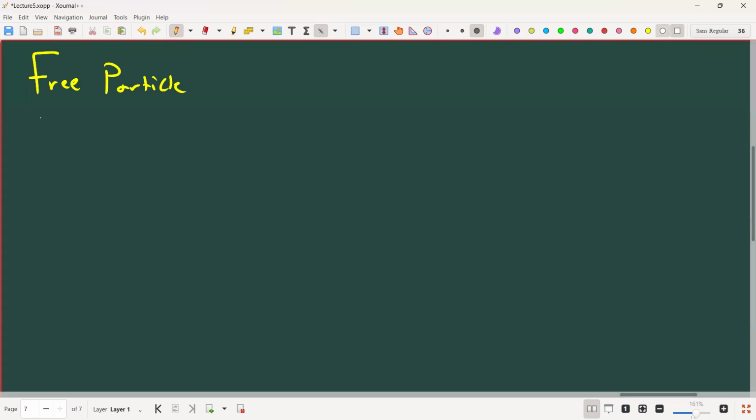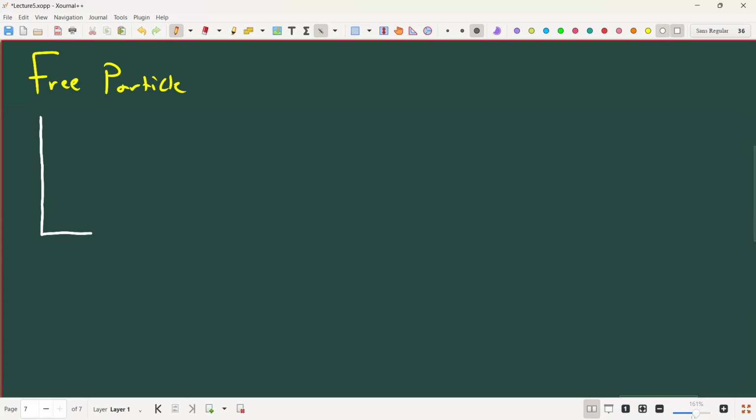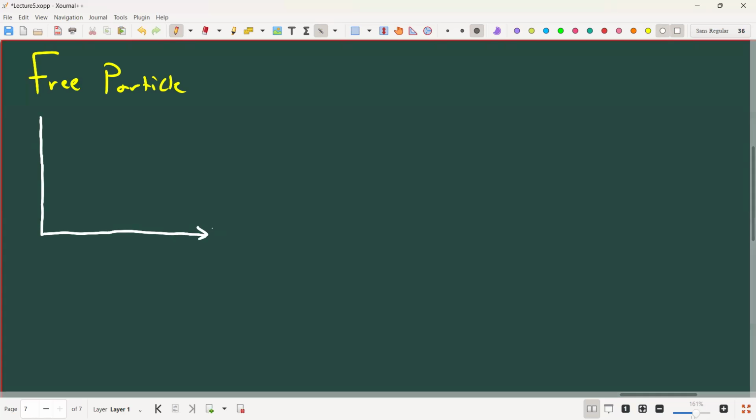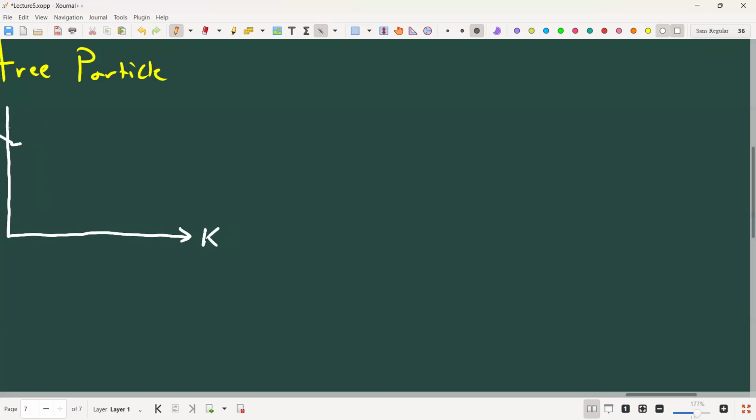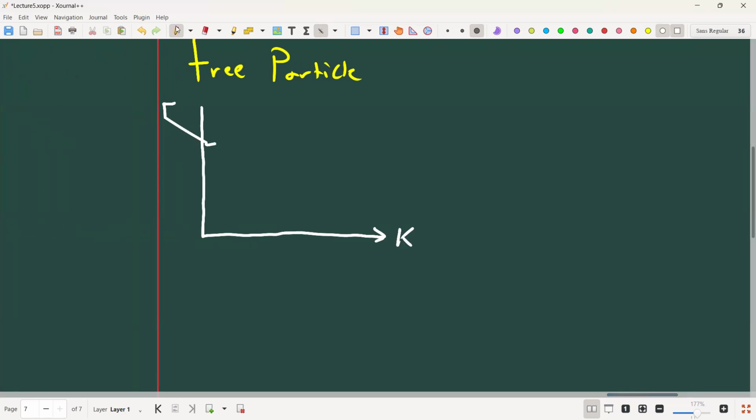And so for our free particle, I've already drawn this, but we'll just do it again. I'm going to plot the energy of our system as a function of k for our free particle.